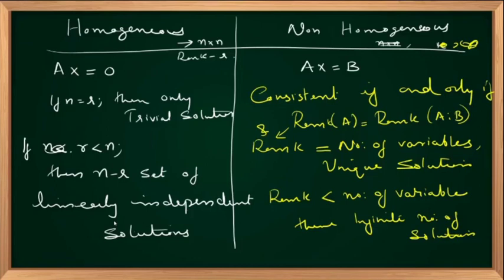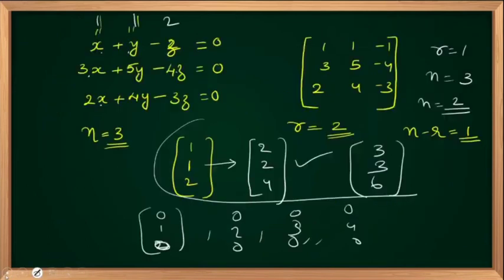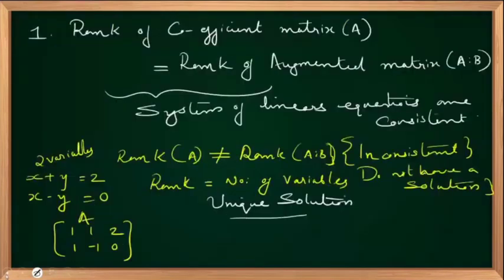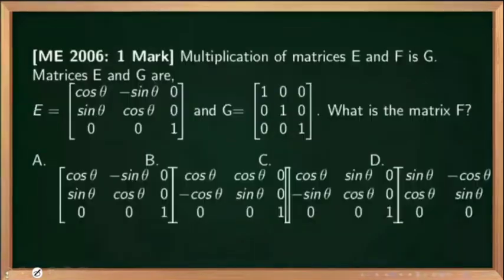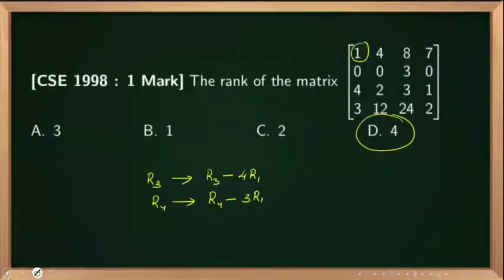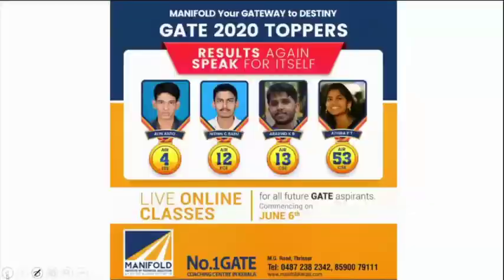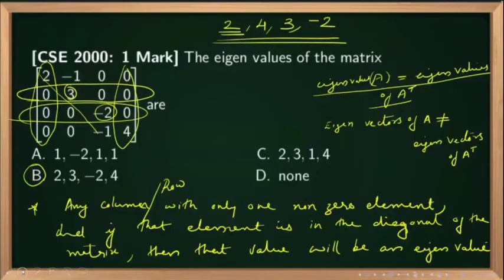Okay, so I'm moving to one more point which I missed during the first problem which we took. I think I can take back that problem. This was the problem. Do you remember?